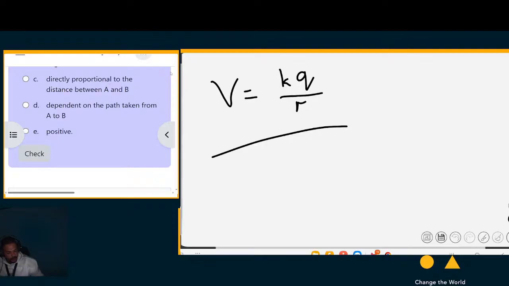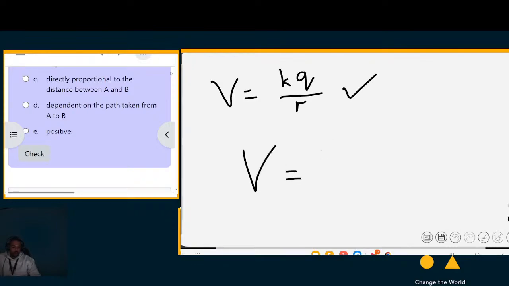This right here is the formula for calculating electric potential. V, the electric potential, is equal to Coulomb's constant multiplied by the charge that creates the electric potential divided by R, the distance.